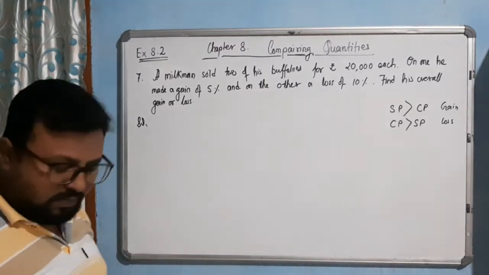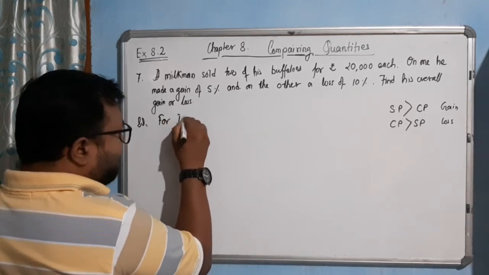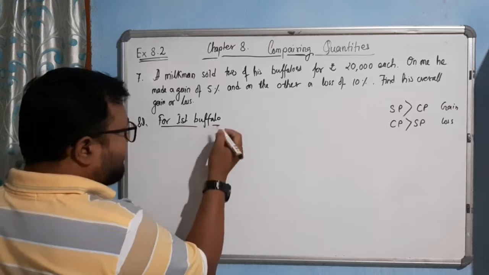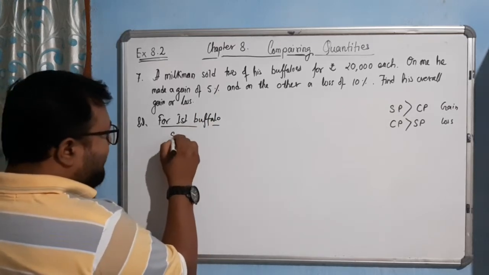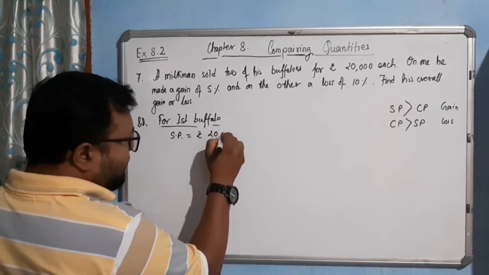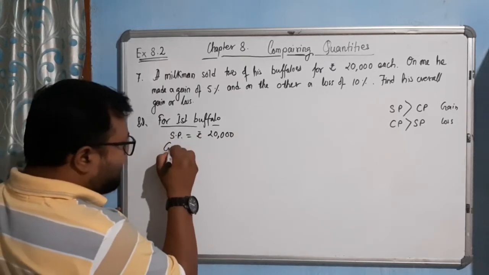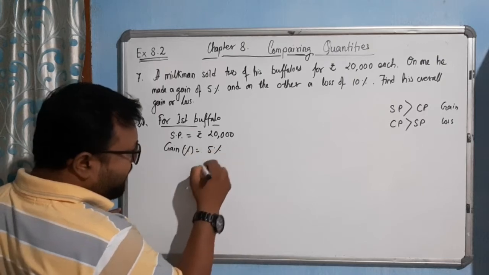Let's say for the first buffalo, here we have the selling price equal to rupees 20,000. And gain in percentage is 5%.